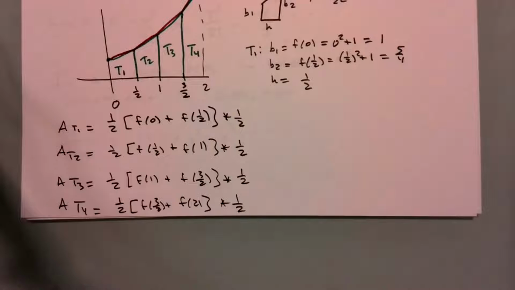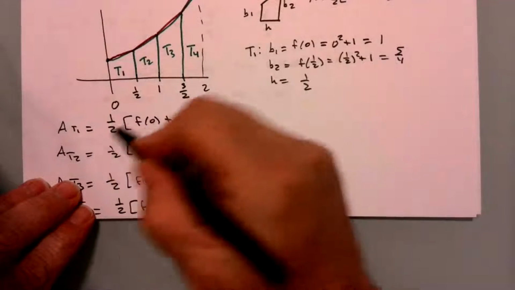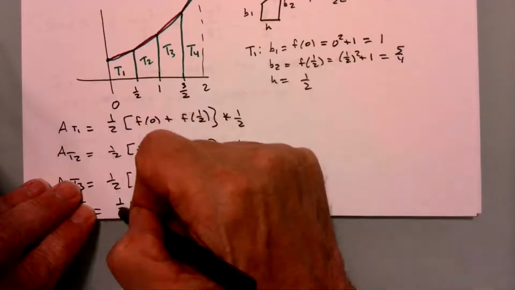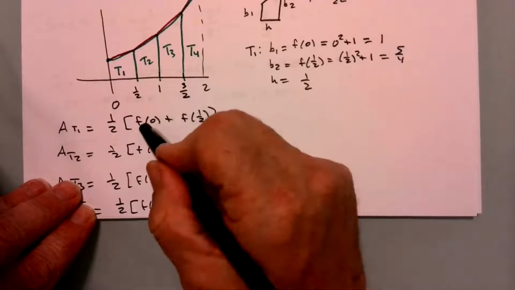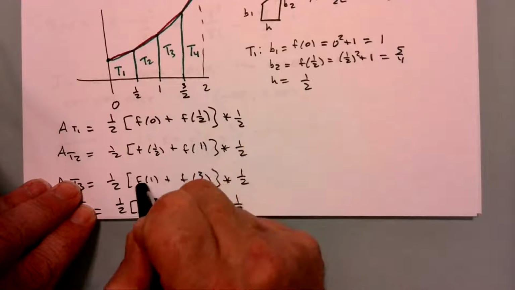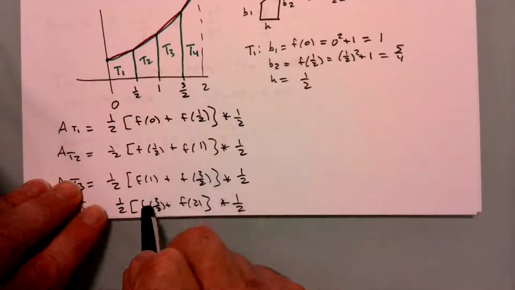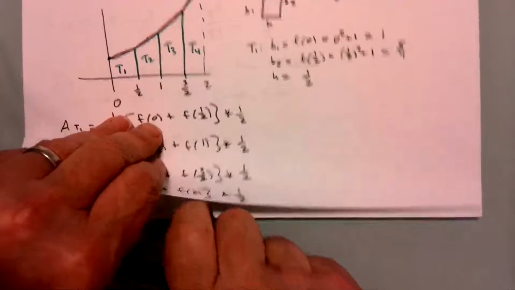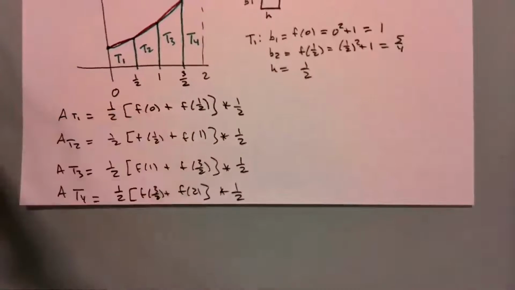The pattern that emerges is we have 1 half here, and then we have this thing, which is the height. So this is 1 half always, and this is the height, and then we have f of 0 plus f of a half plus f of a half plus f of 1 plus f of 1 plus f of 3 halves plus f of 3 halves plus f of 2. And that will help us generate a formula for this process.